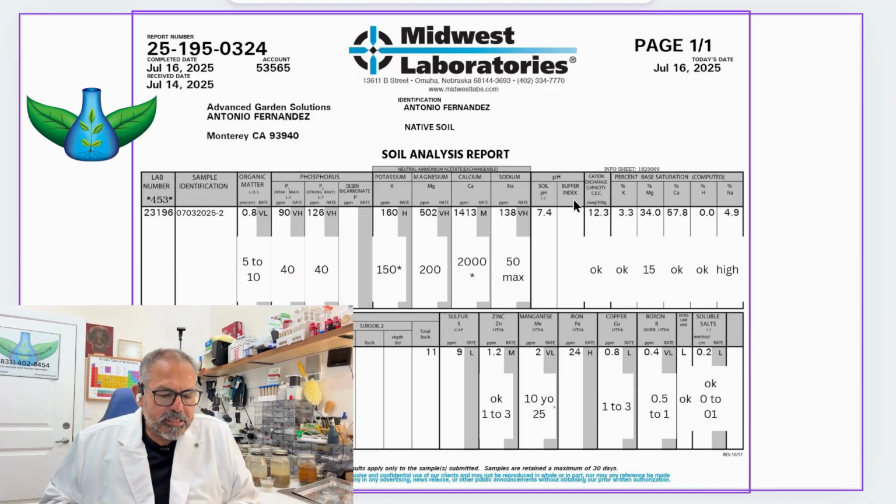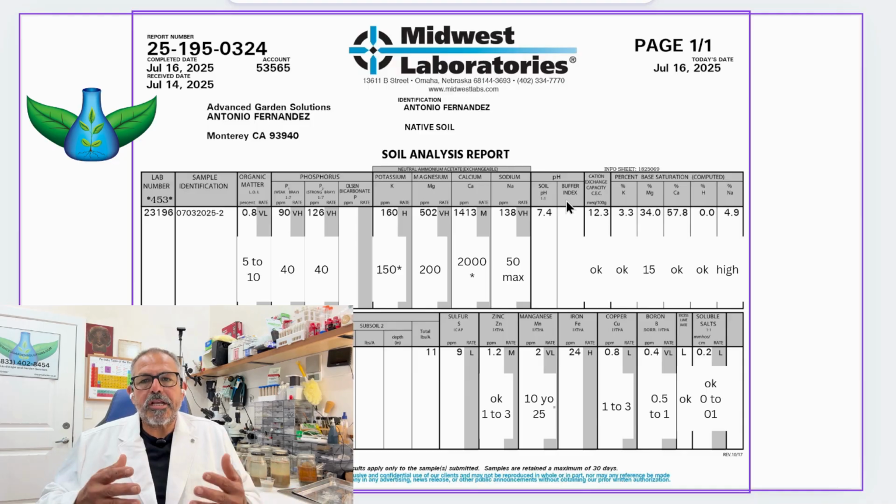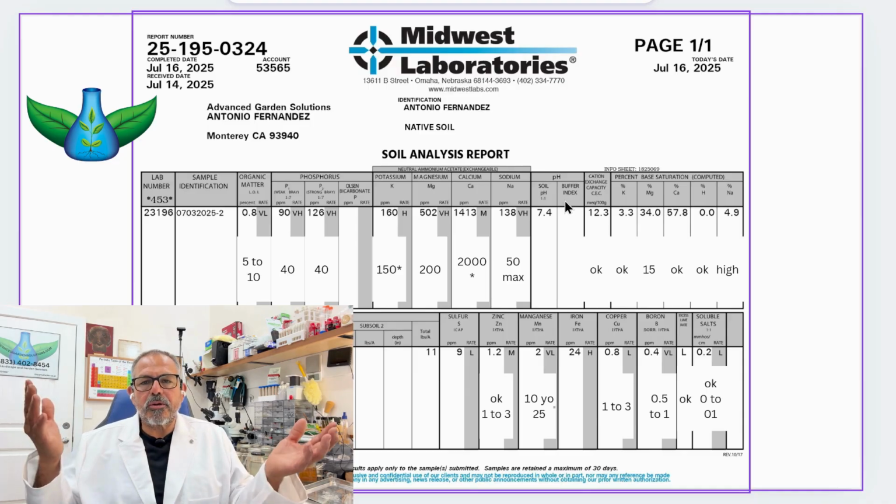Moving on to the buffer index. The buffer index is what indicates the stability of the soil pH. It basically means the soil has enough reserves to absorb changes without the pH changing too quickly. A simple way to understand buffer index is to think of it like a bank account.